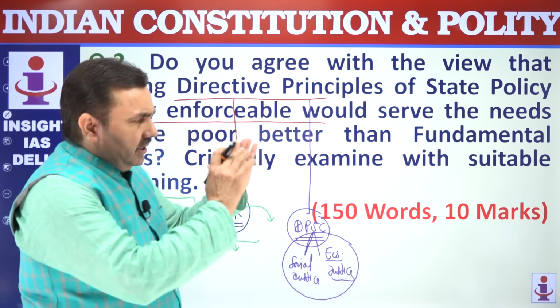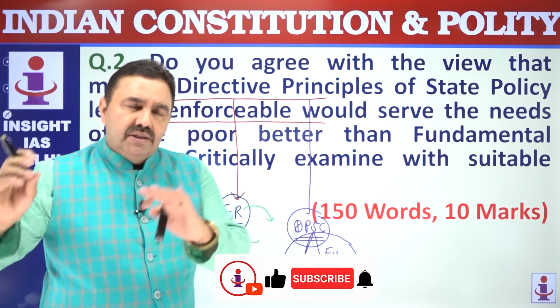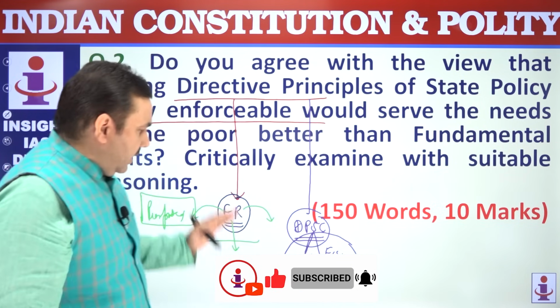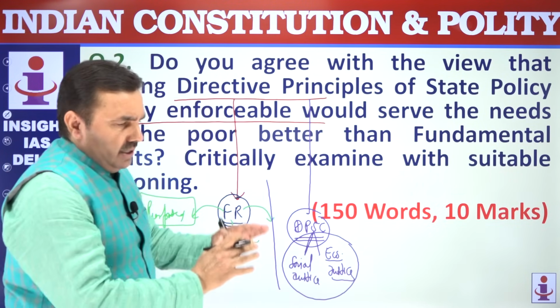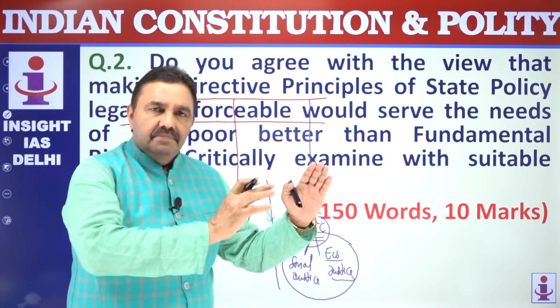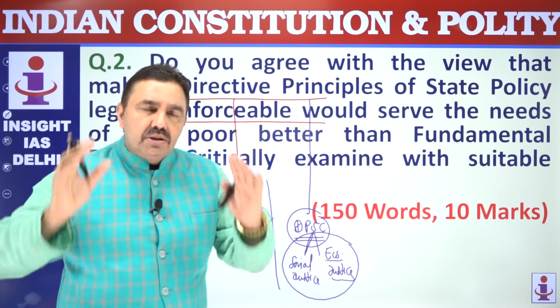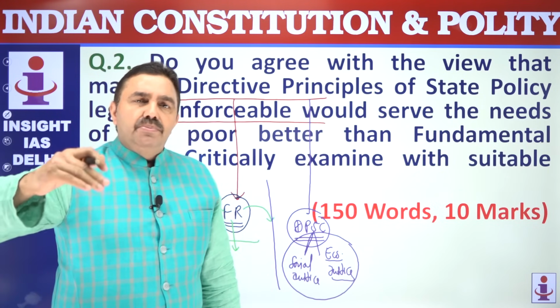Now, whether political rights are important or social and economic rights are important, that is the main debate. In this debate, both are equally important. The Supreme Court has repeatedly said both are equally important. Though fundamental rights are justiciable and DPSPs are non-justiciable, that does not mean that one provision of the Constitution is superior to another.